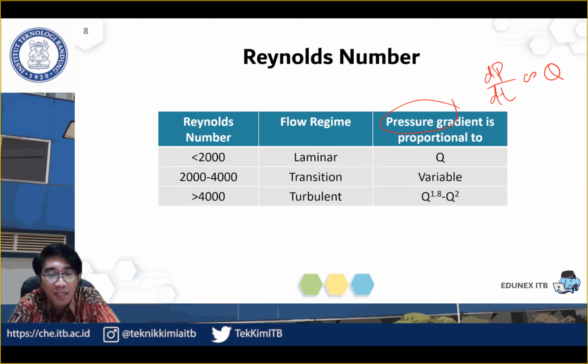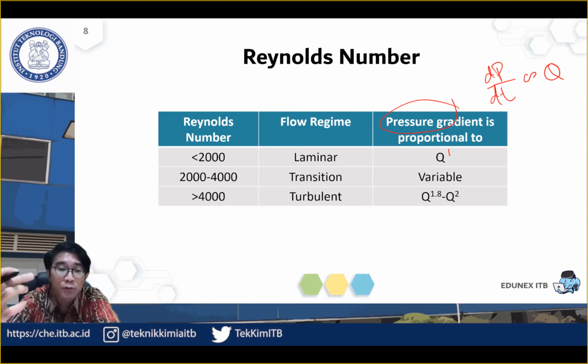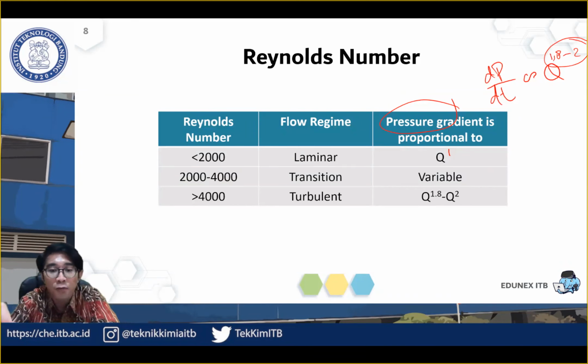Q pangkat 1, itu kan linear ya. Berbanding lurus. Proportionally linear. Okay. For the turbulent flow, it will be 1.8 until 2, roughly. The fully turbulent is 2. So like quadratic proportional. And then in between, of course, will be from 1 to around 1.8, or from 1 to 2.